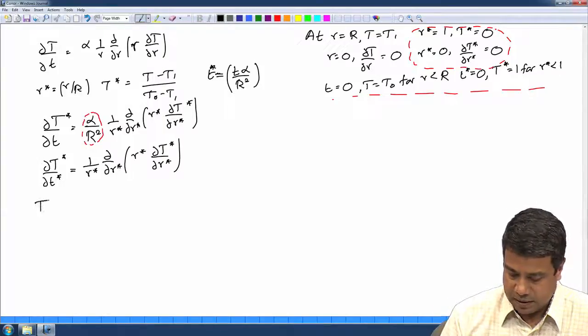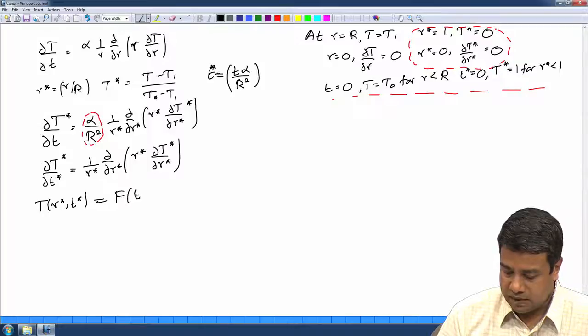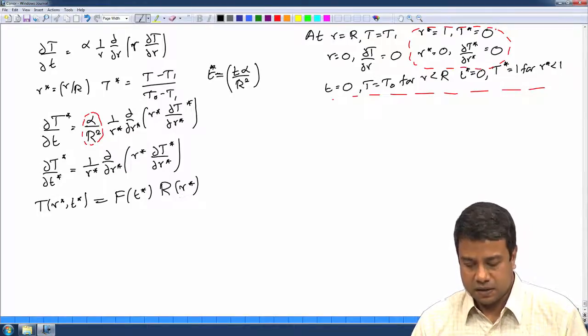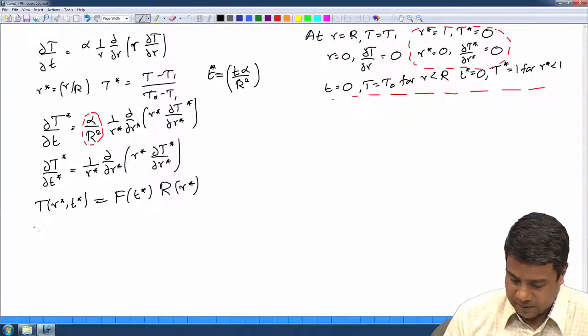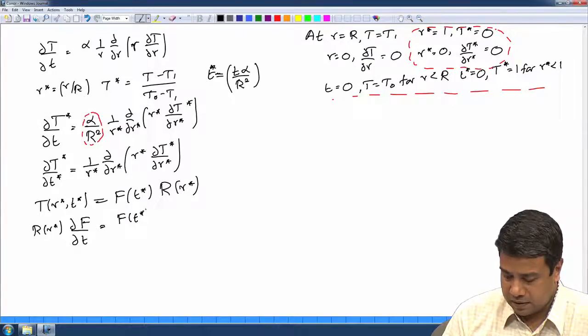T of r, t can be written as the product, some function of t times some function of r. Insert that into the balance equation. What you get is that R of r star times partial F by partial t is equal to F of t star times 1 by r.